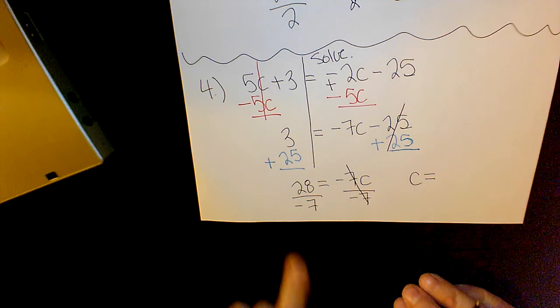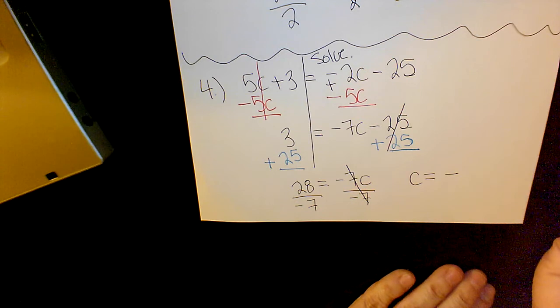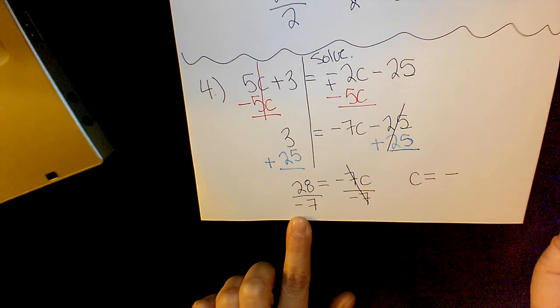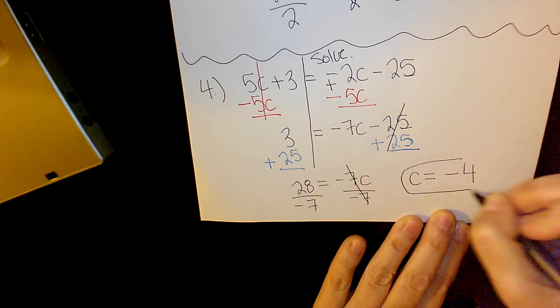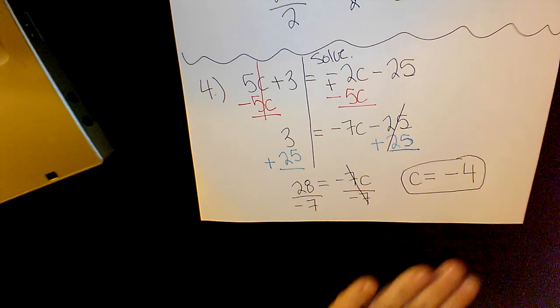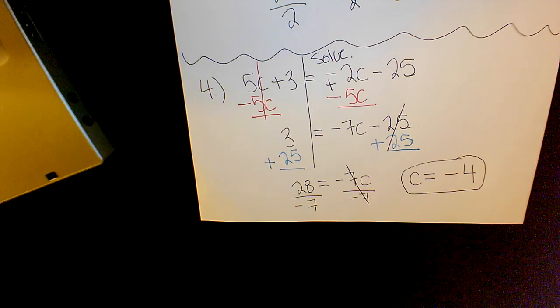A positive divided by a negative is a negative. And 28 divided by a negative 7 is negative 4. So be careful of the sign. C is negative 4.